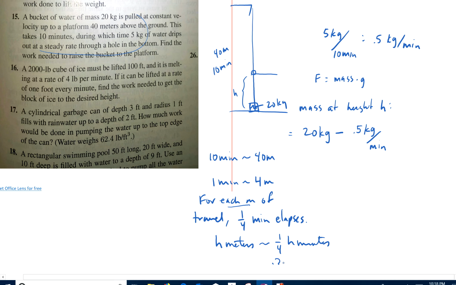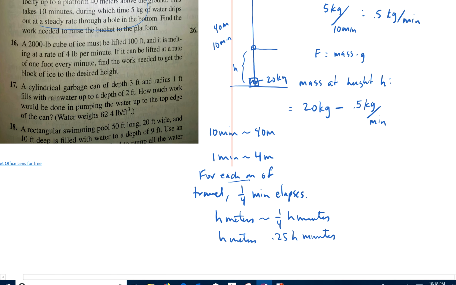Or 0.25 h minutes. In other words, think about this. If it moves 1 meter, that's 0.25 minutes. If it moves 40 meters, that's 0.25 times 40, or 10 minutes, which is what it's going to take.